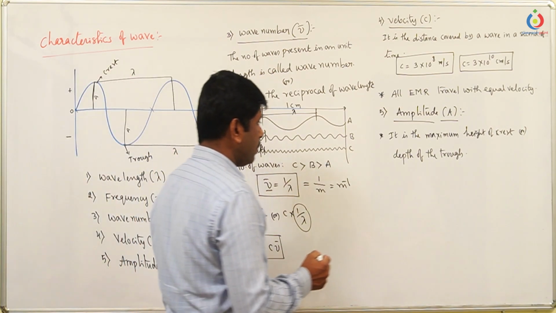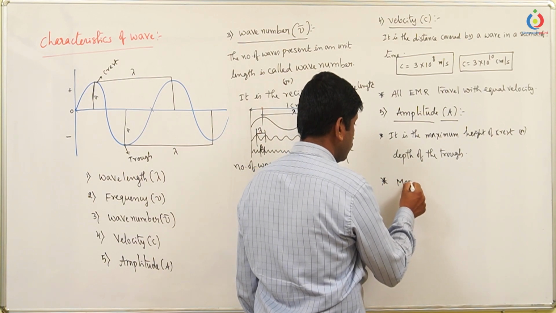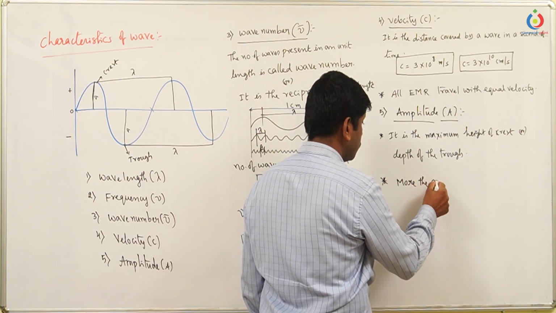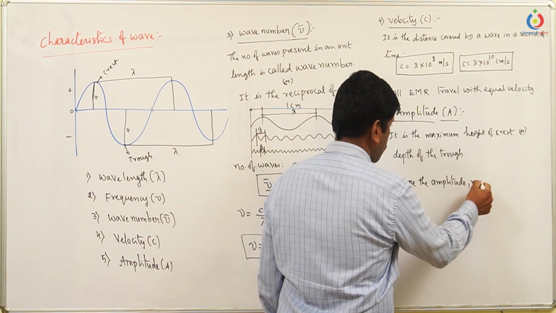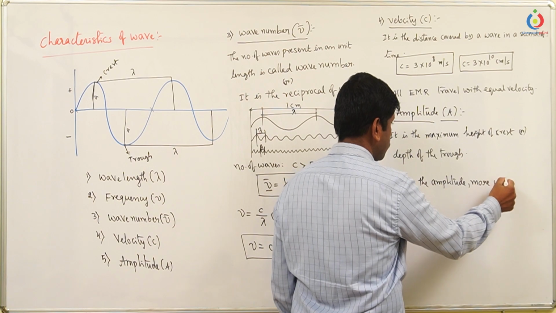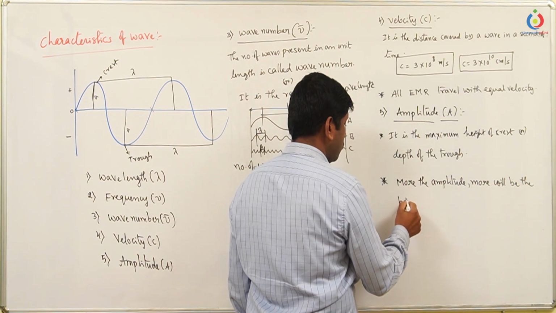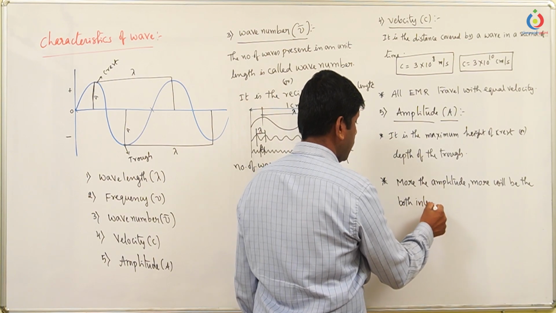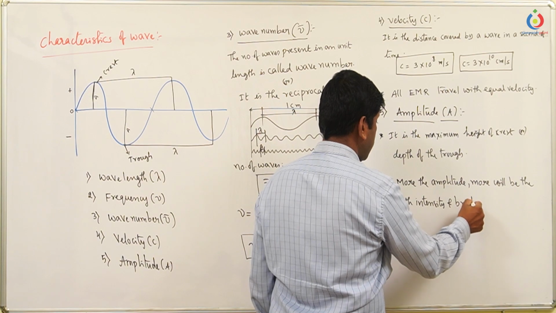So the more the amplitude, the more will be both intensity and brightness.